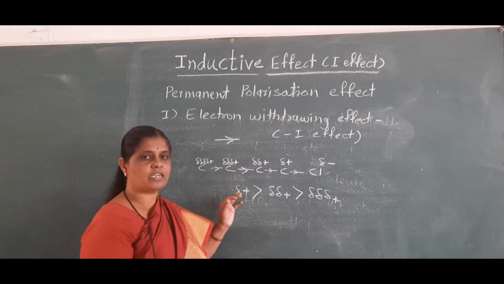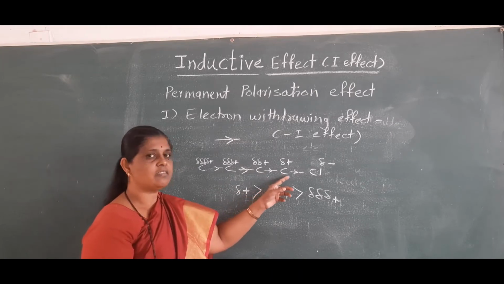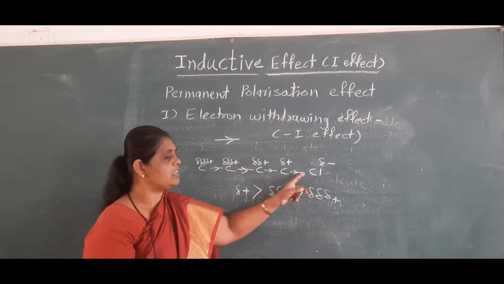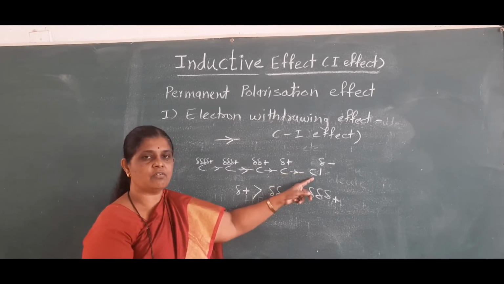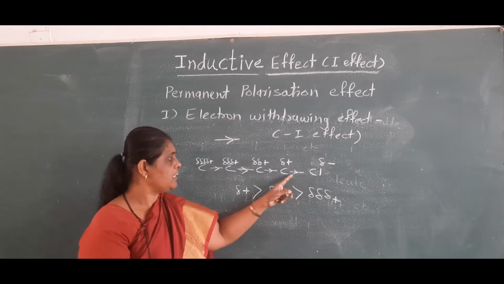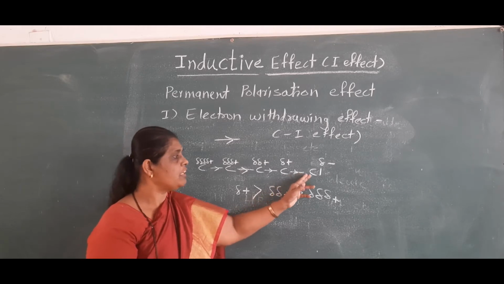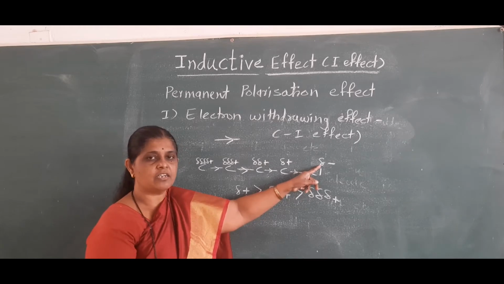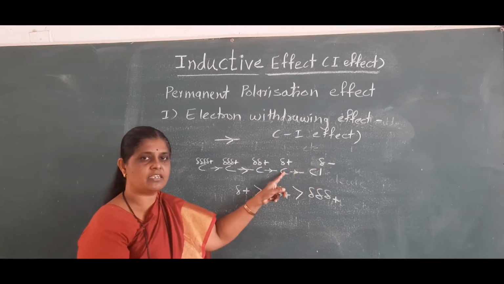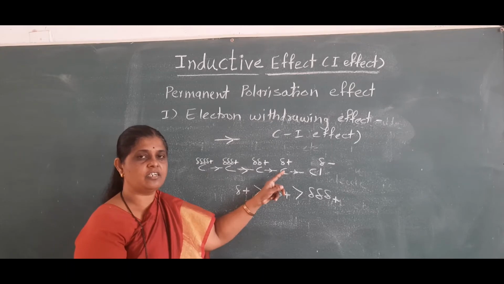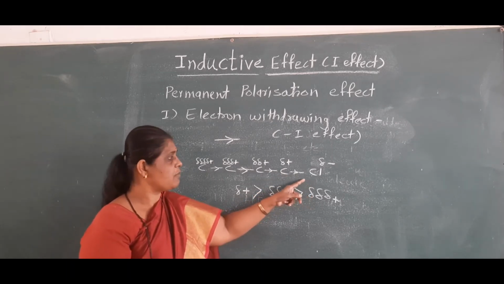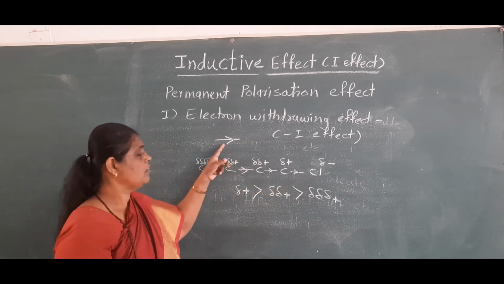In case of organic compounds, when carbon is attached to a more electronegative atom, for example a chlorine atom, as chlorine is more electronegative, it has the tendency to pull the electron density toward itself. Therefore chlorine carries a partial negative charge and that carbon carries a partial positive charge. The displacement of charge is from carbon to chlorine.